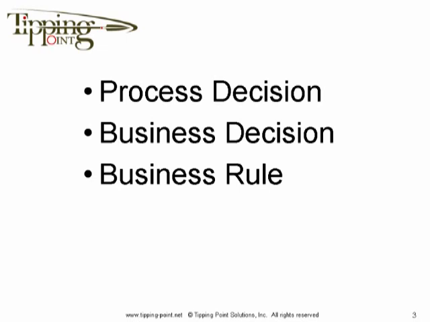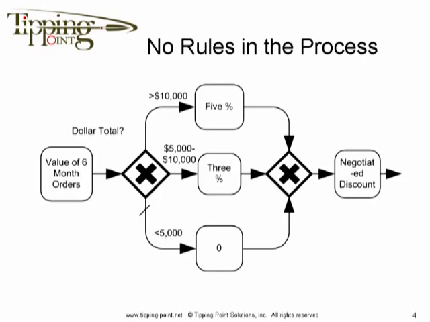So the current thinking is that business rules are an atomic step that you use to evaluate that decision outcome within your business process. So what does it mean when we say that business rules should be separated from the business process? In this example, we see business rules that are buried in a process. The process decision here is what discount do we give a customer based on what they purchased over the last 6 months.